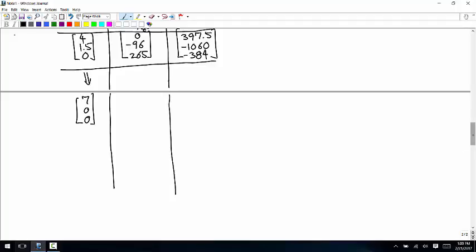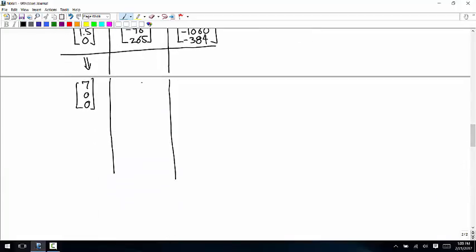The force vector was 0, RBY, RBZ. And the cross product is 0, and then negative 7 RBZ, and then positive 7 RBY.